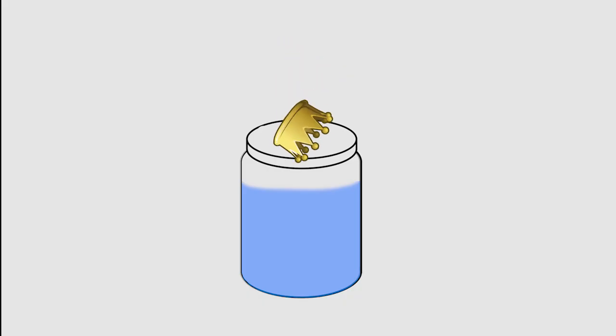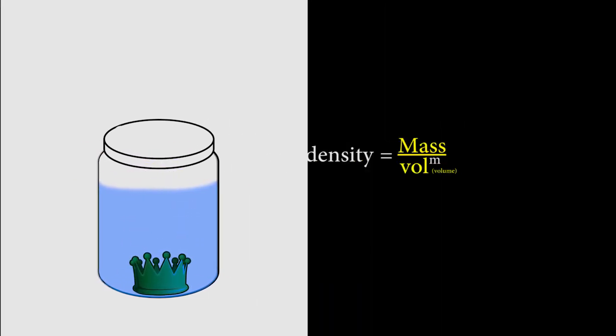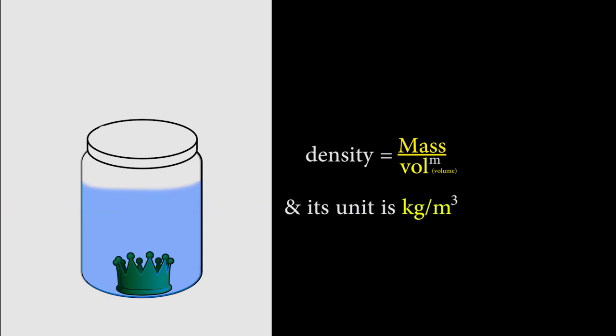Relative density. The density of a substance is given by density is equal to mass by volume, and its unit is kg per meter cube. We know that densities of different substances are different.